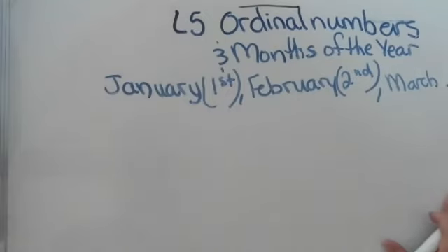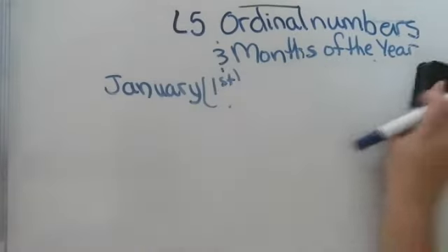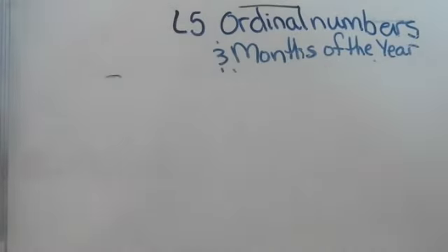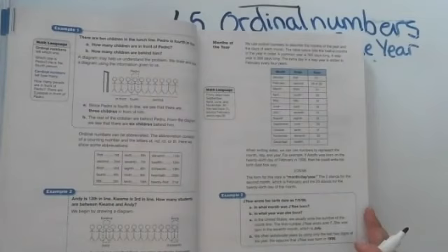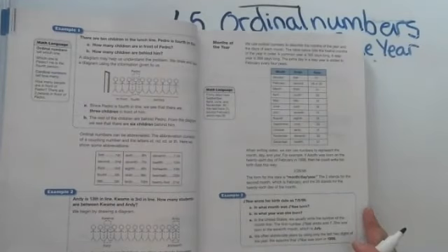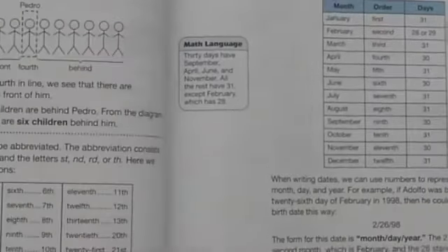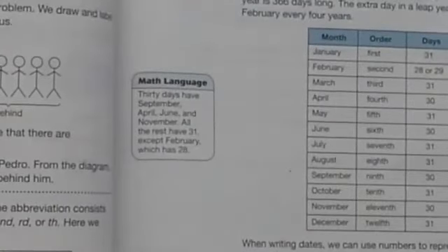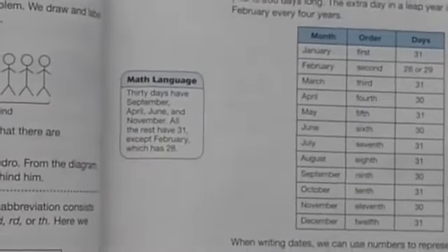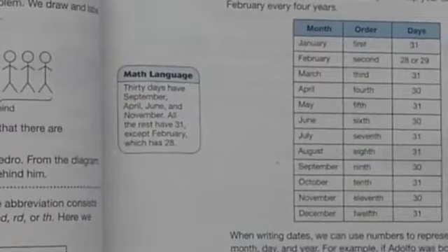Now I could keep going and I could list all the months, but I'm not going to because it is inside your book. So if you refer back to your textbook, it will show you the months, how many days are in each month, as well as its place in the order.